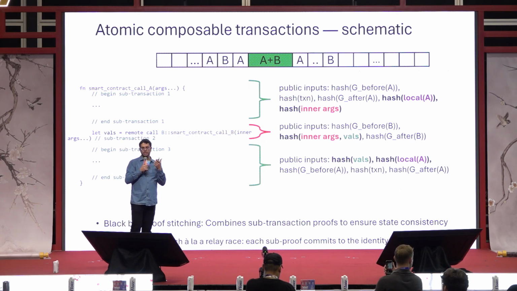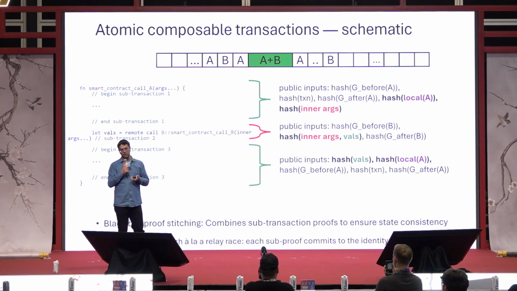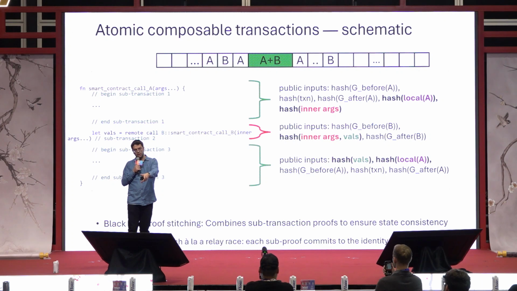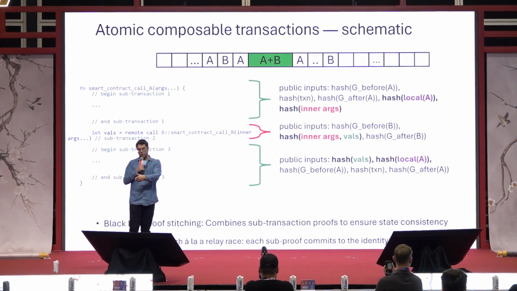It also needs to commit to the arguments you are passing to sub-transaction B, which receives the same argument and commits to the return value named vals. And then when operation resumes at logic zone A, you need to get the return values from the other logic zone and the hash of the local state, which was kept from before the remote call.